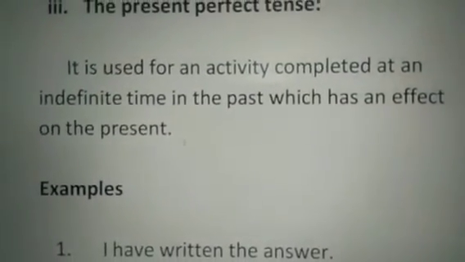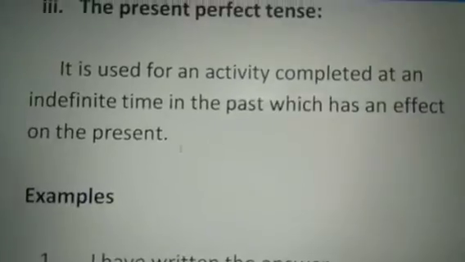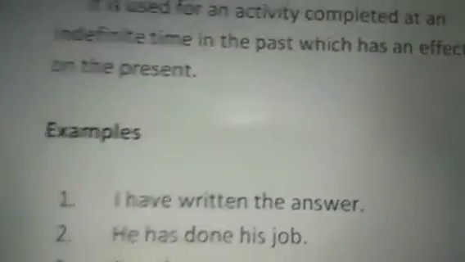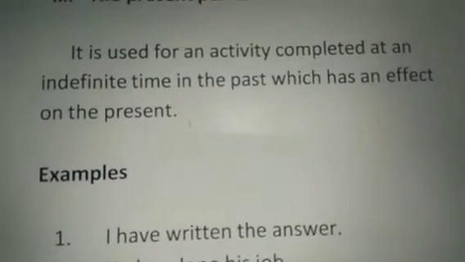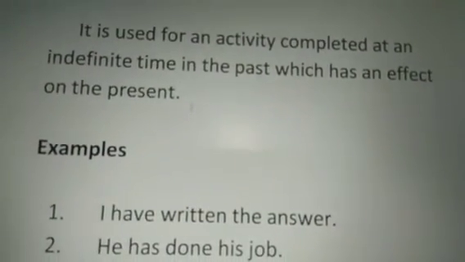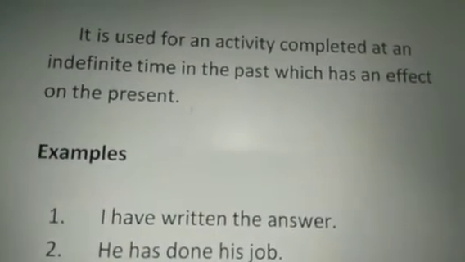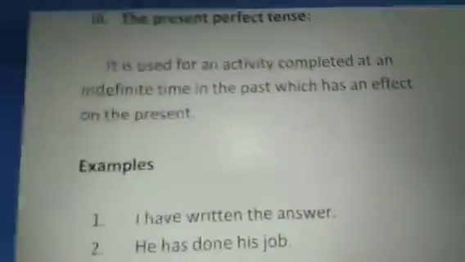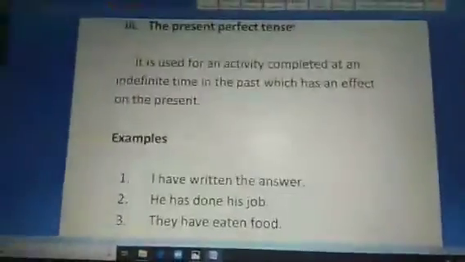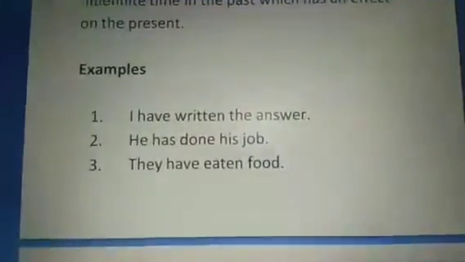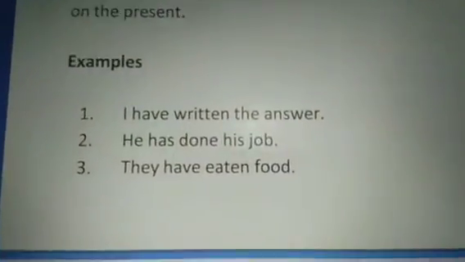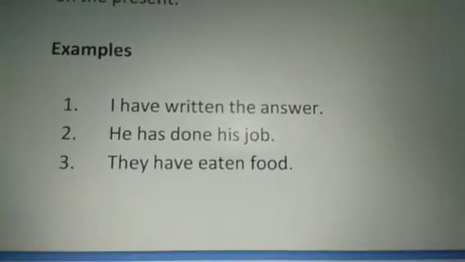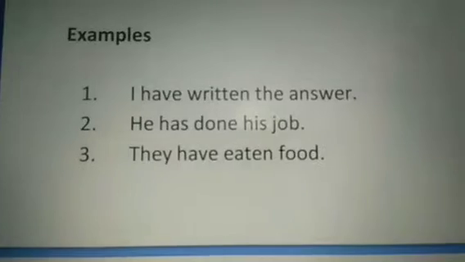Now, the activity has been completed in the immediate past, but the impact of that activity is felt during present time. The examples are: I have written the answer, he has done his job, they have eaten food.